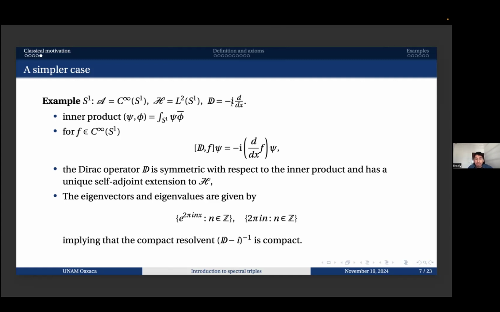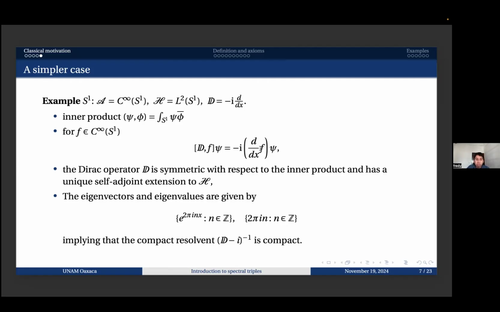This minus i we need in order to have a self-adjoint Dirac operator. In this case, the inner product is the usual inner product in the L2 functions. And the commutator is given just by multiplication by the derivative of f.